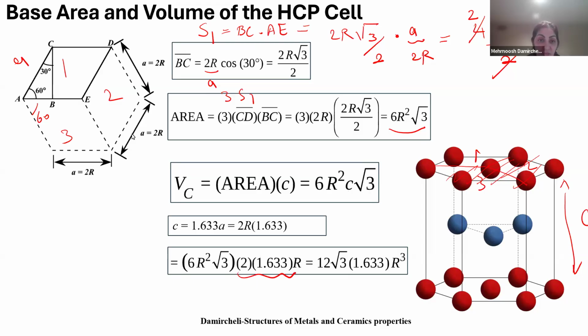So C is 1.633A, and instead of A, substitute 2R. Substitute instead of C in this equation, and find the volume as a function of R. What is R? Atomic radius. So it is 12 root 3 times 1.633 R cubed.